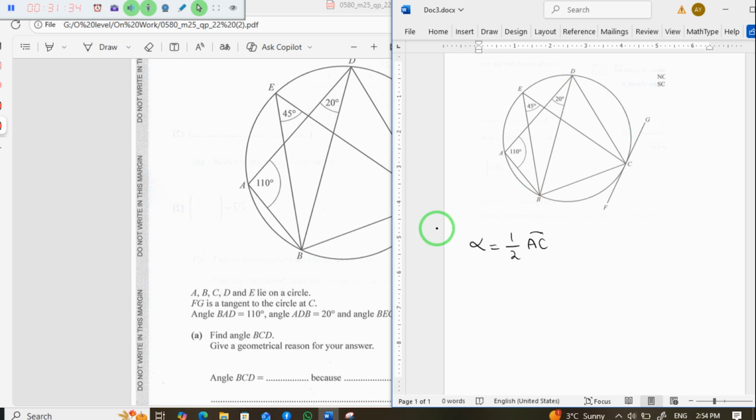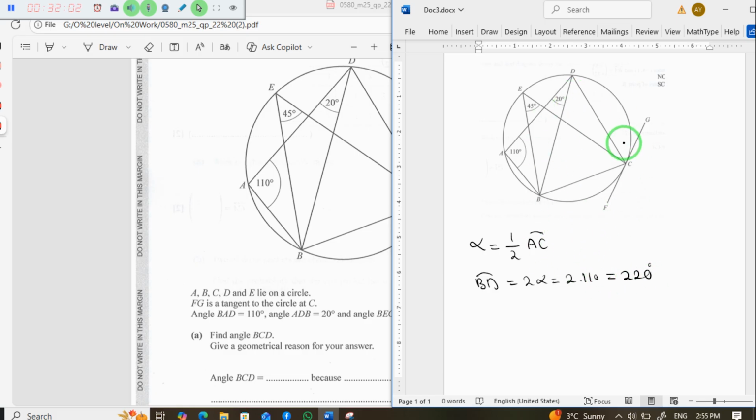So BD is equal to 2 times alpha. 2 alpha is this angle, given in the question as 110, so we multiply to get 220. It means the arc between B and D is 220.